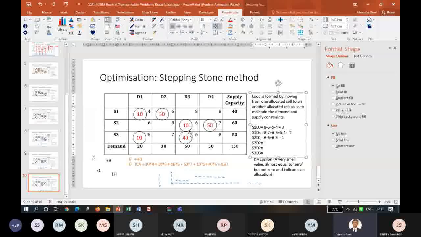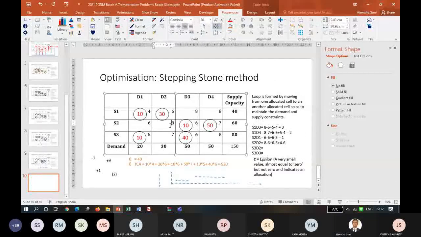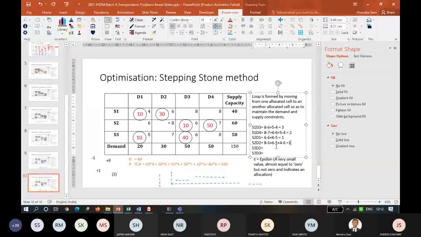So plus 8 minus 6 plus 6 minus 5 plus 4 minus 6, and how much is the total? 8 minus 6 is 2, plus 6 is 8, 8 minus 5 is 3, 3 plus 4 is 7, minus 6 is 1. I assume that you are understanding it.